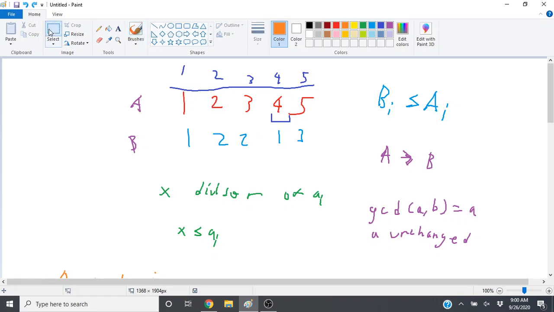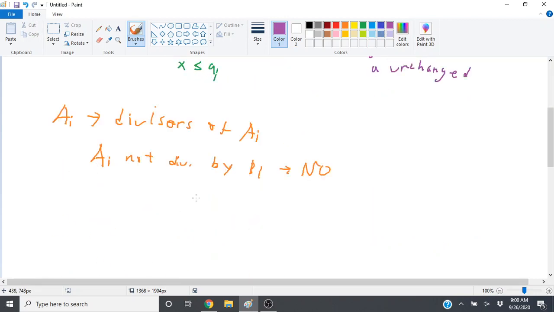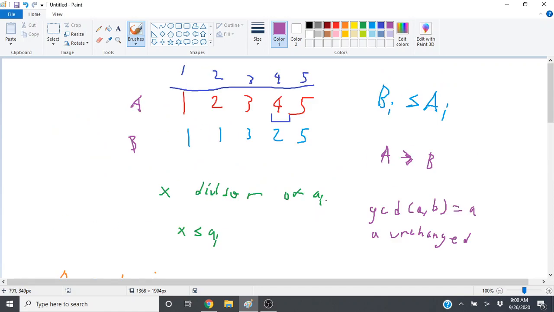But if I set these to 1, 1, 3, 2, 5, now, basically we can show that clearly if any AI is not divisible by BI, then there's no answer. But we can also show that if all A are divisible by BI, then there is an answer.